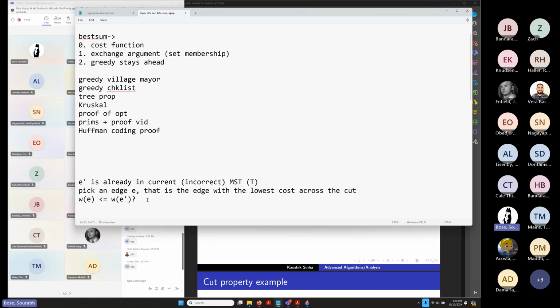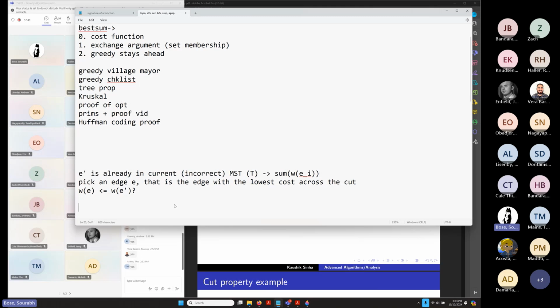So for the original tree, what was the total cost? Well, it was the sum of all such weights, right? E underscore i. This was the sum of all weights. Now, if we compute this new tree T prime, what is its cost? Well, currently the cost of the new tree T prime is the cost of the original tree, so we will say capital W of T plus the weight of this new edge that we created.